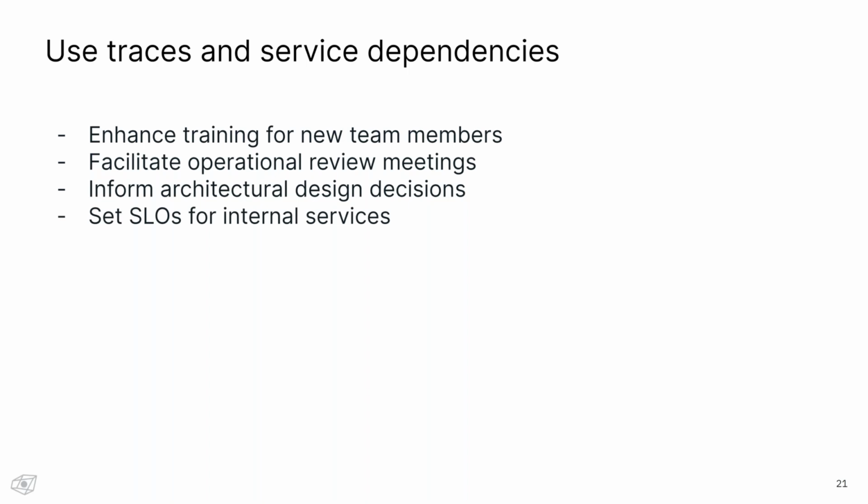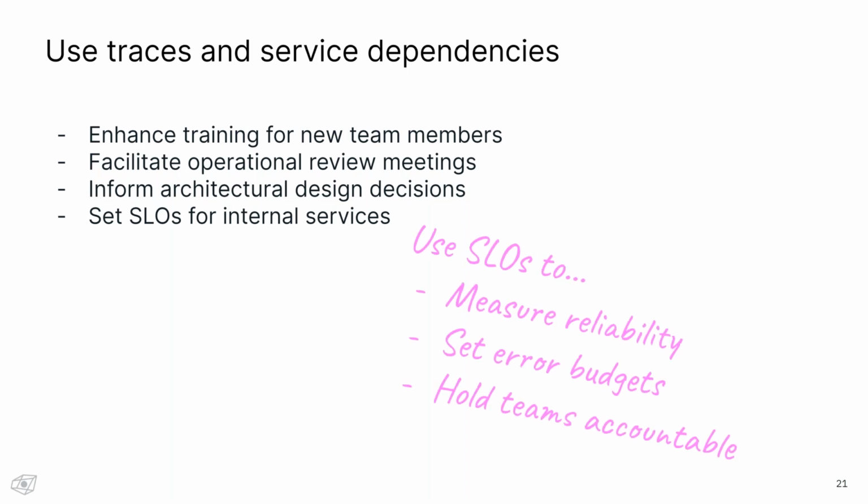And finally, SLOs. If you aren't familiar with SLOs, they're actually extremely useful. And I'm actually going to recommend a book on this. I don't have a slide for it, but the basic idea with an SLO is a service level objective, and you use these to measure the reliability of your services. It gives you a lot of power to do things like set an error budget and set accountability for teams in terms of uptime.